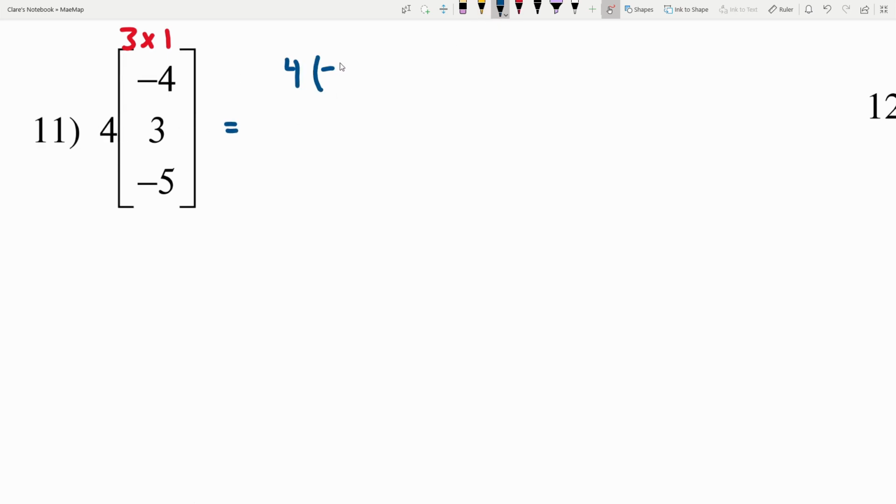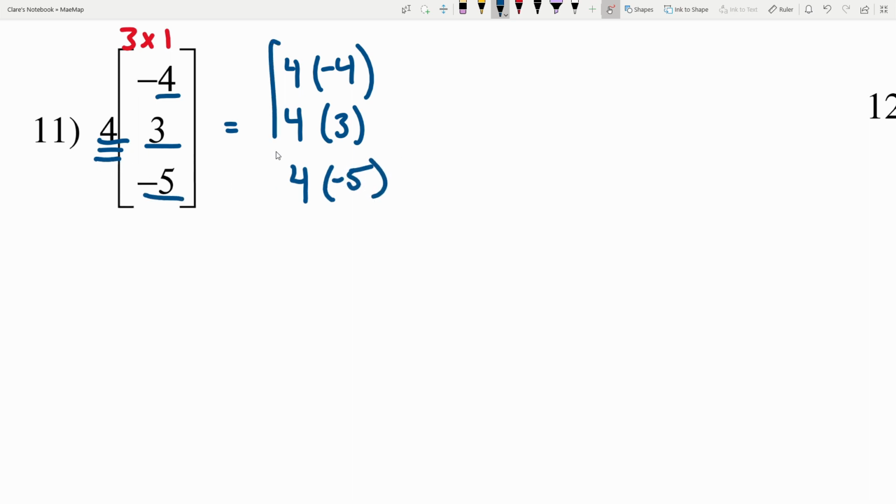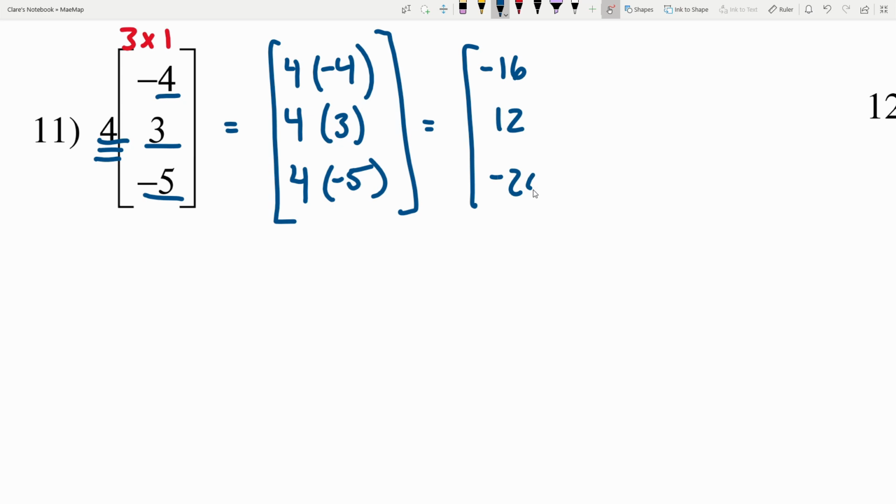So I'll have 4 times negative 4, and then I'll have 4 times 3, and then I'll have 4 times negative 5. That will give me a 3 by 1. I'll just do out the math now. 4 times negative 4 is negative 16. 4 times 3 is 12. 4 times negative 5 is negative 20. And that's my solution. Negative 16, 12, negative 20. 3 rows, 1 column.